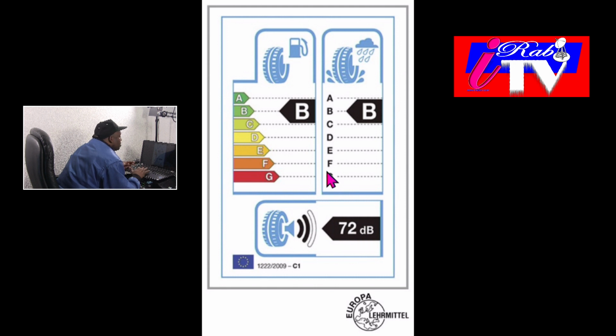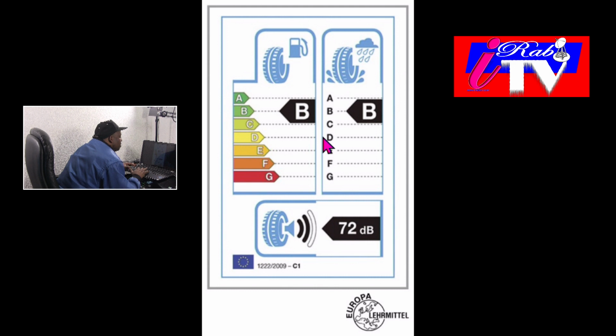So that is why when you buy, please check. When you have it more than D or E, that tire is not good. It will consume a lot of your petrol, because there are so many things that lead to the consumption of petrol in your car. But many people don't look at this area. We're always checking the engine, why is it consuming petrol, but this could be one of the factors that could lead to fuel consumption.